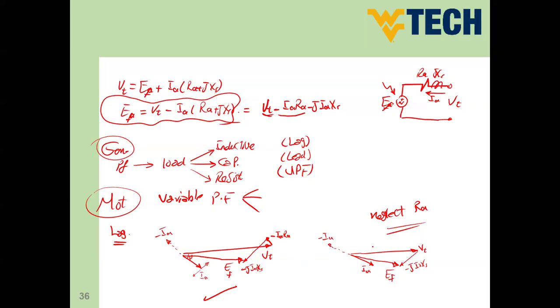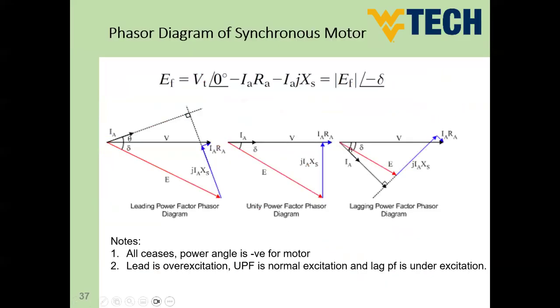Let's see that on the next slide here. As you can see here, guys, this is the case of lagging power factor that we discussed. In case of IARA, this is minus jIARA, and this is EF. If you make unity power factor, so unity power factor means IA is in phase with V. So this is V, this is IA.